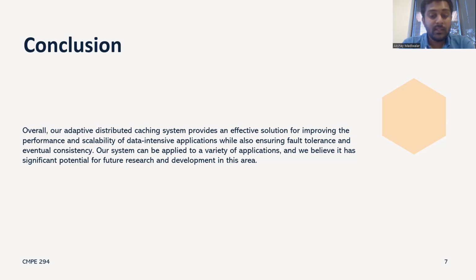The anticipated results can significantly outperform traditional caching systems with up to 50% improvement in read and 30% improvement in write performance. Also, it's anticipated that the system can be fault tolerant with minimal impact on performance whenever a cache node fails.